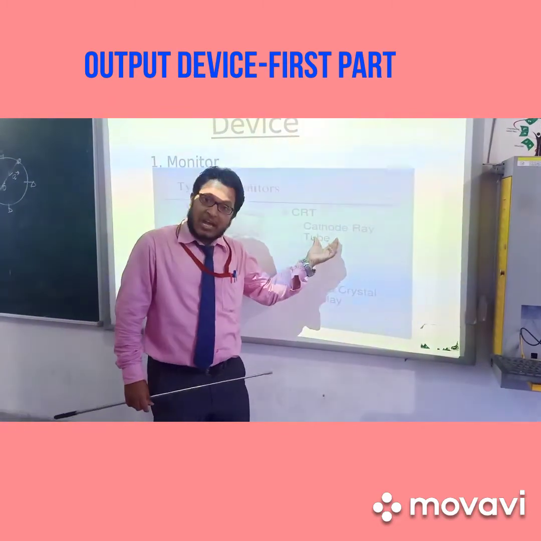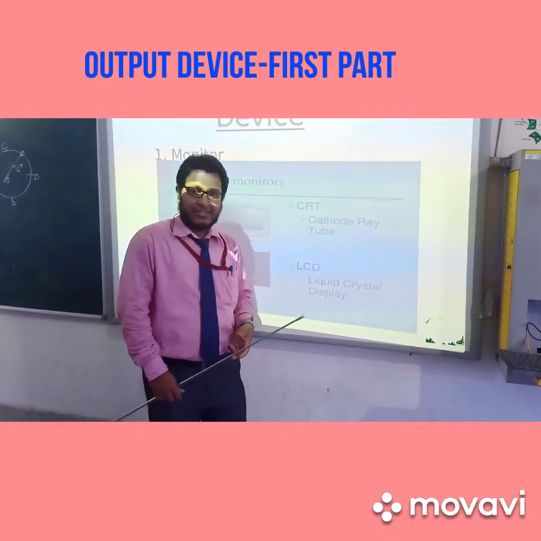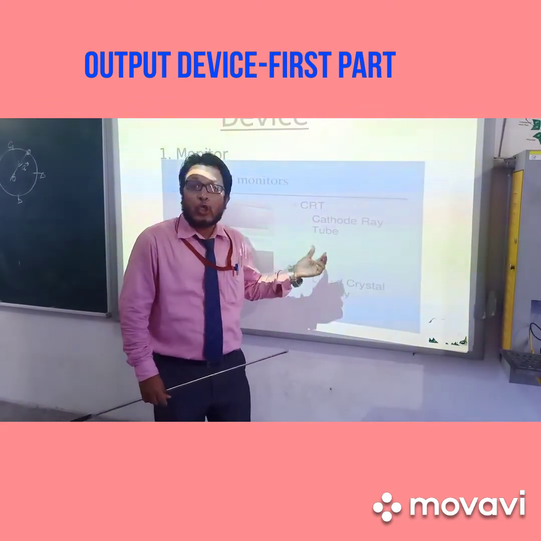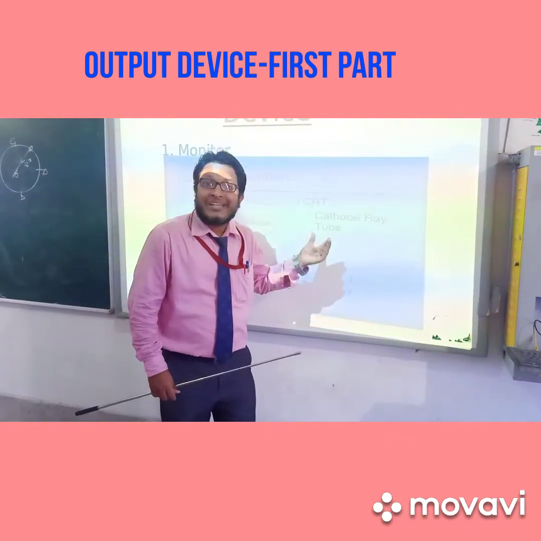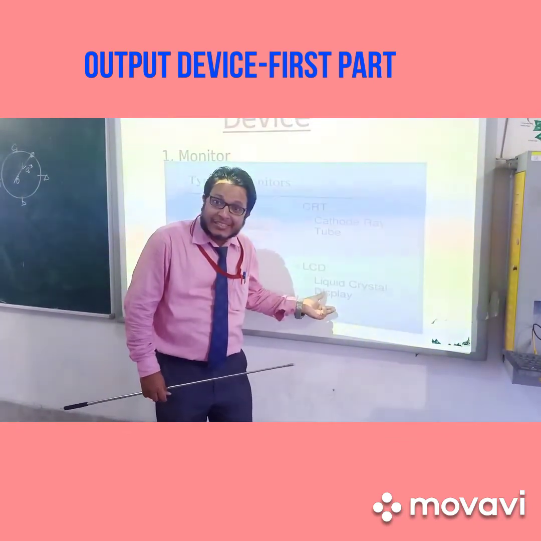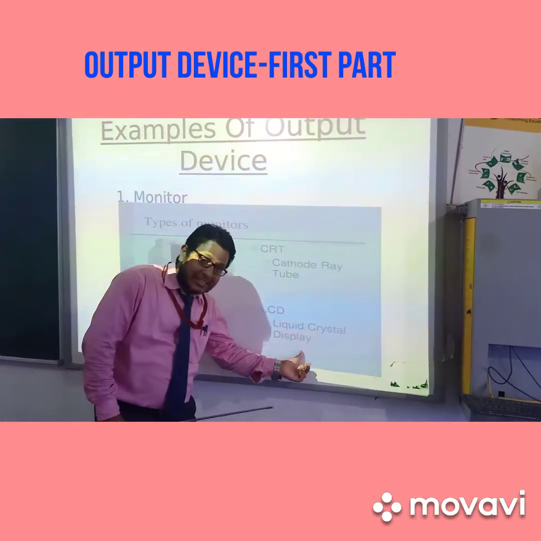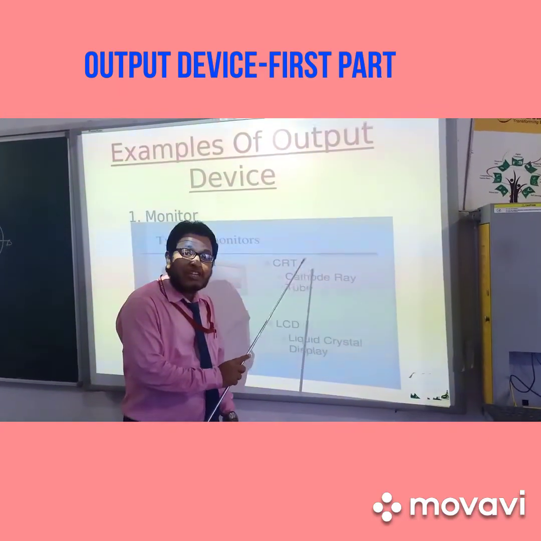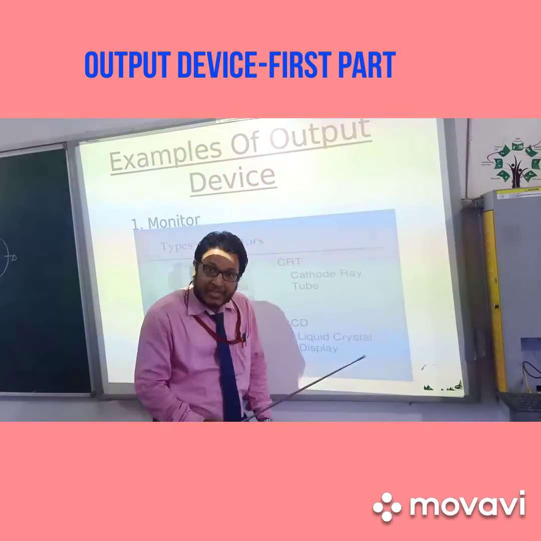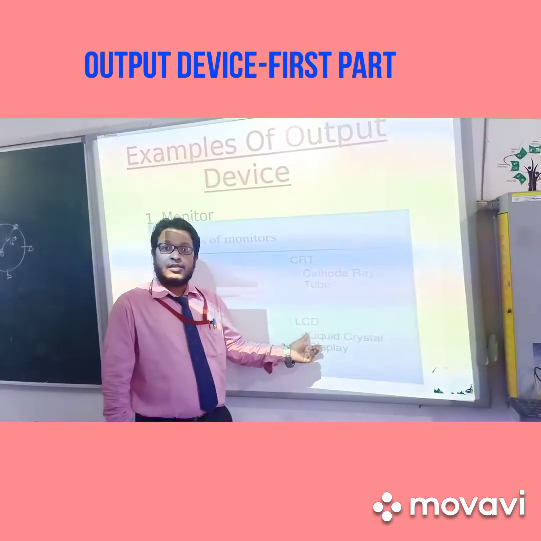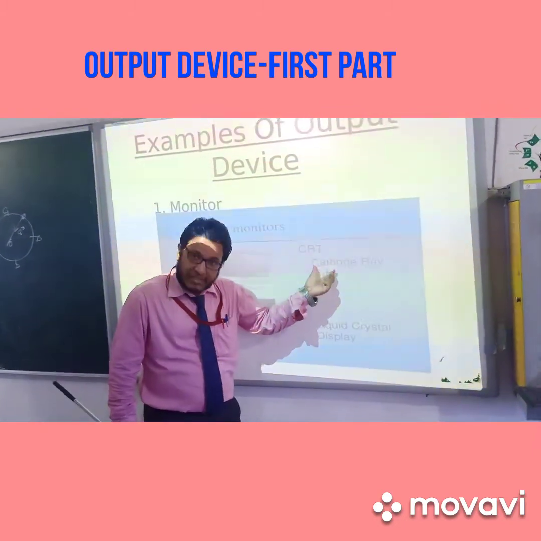But in the case of the LCD, its weight is low and it consumes low electricity. Very little electricity is consumed in LCD, but a cathode ray tube consumes high electricity. So that's why nowadays the LCD monitor is more popular than the CRT monitor.